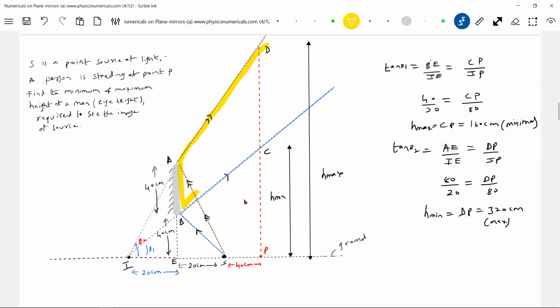As long as the person is located in this region, he is going to visualize the image of that S. Now some rough I'm putting, so you can call this, okay, this is our object or source.